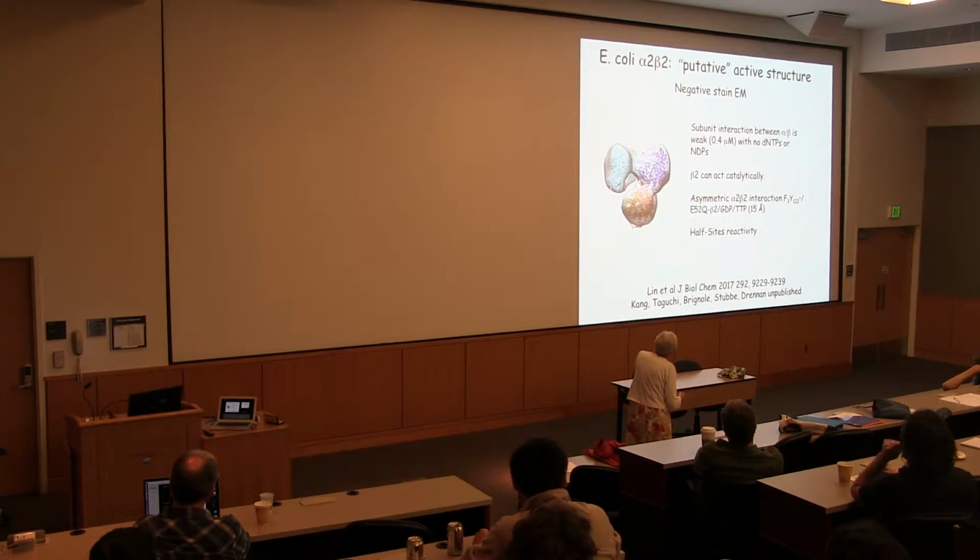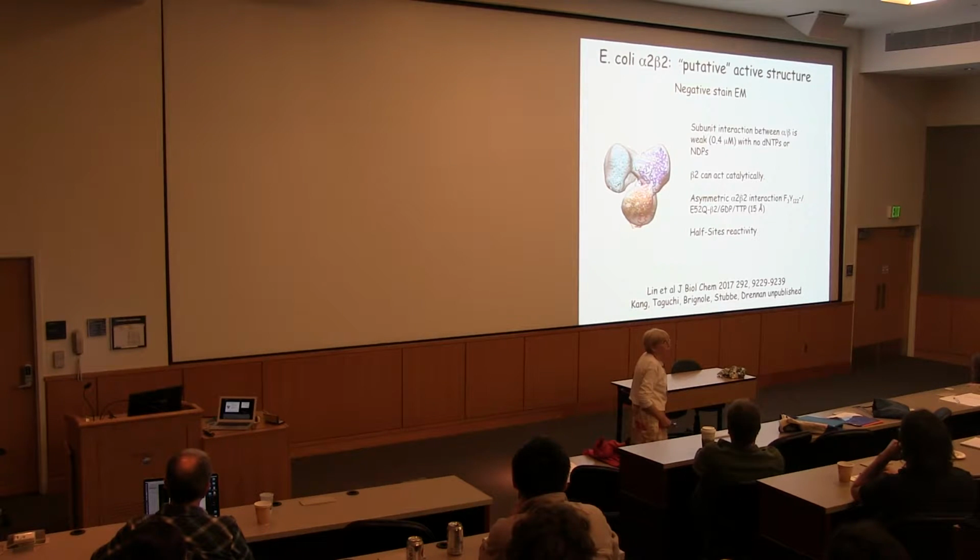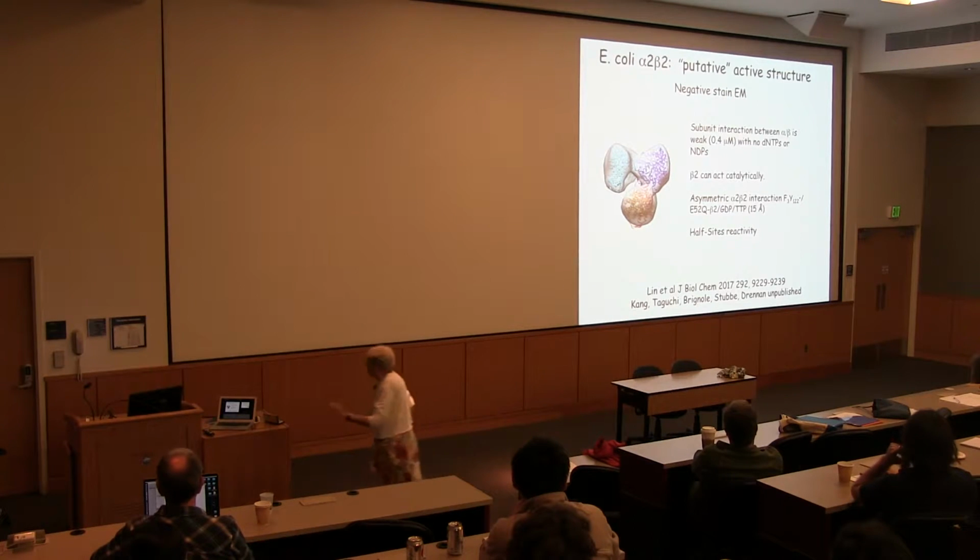We can put an unnatural amino acid in this and a mutant. And the two subunits stick together more tightly. And this is a negative stain EM at 25 angstroms. And for the first time, we can see the asymmetry. We can see the half sites reactivity. Now, of course, how does that relate to the wild type is what we're actively trying to figure out.